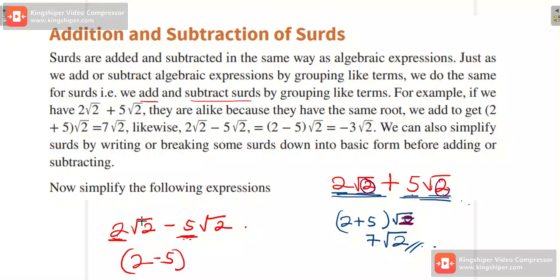Then we just pick one of the sets, since they are equal, and factorize that out. So the answer becomes negative 3 root of 2. And that is how to add or subtract sets.